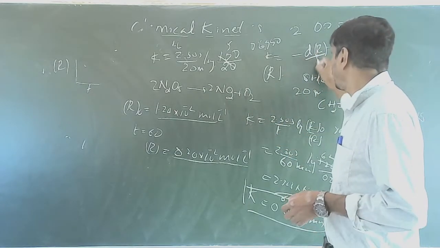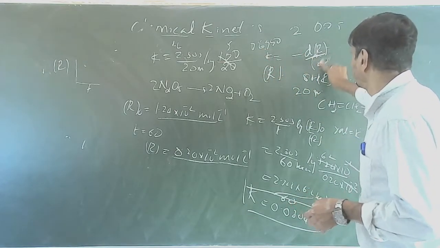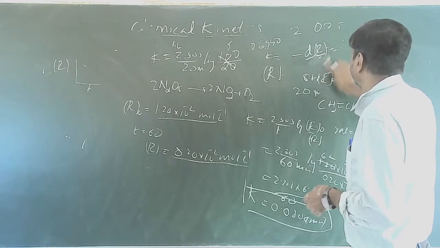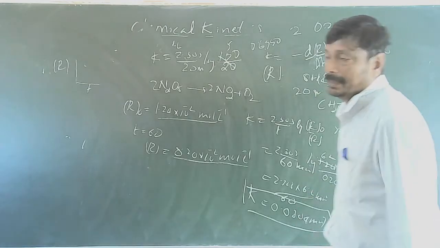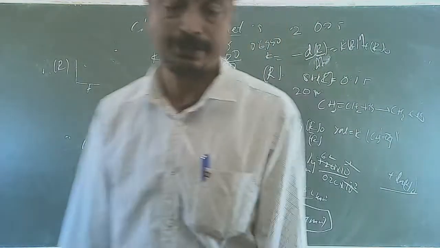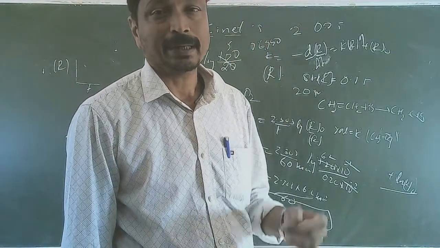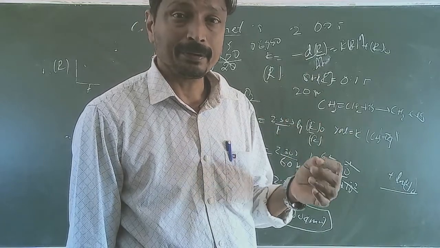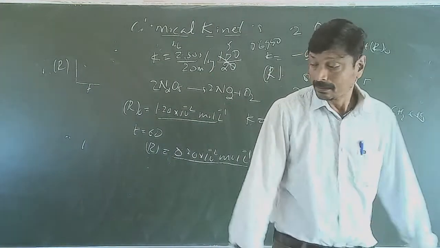Minus d[R] by dt is equal to k into [R] raised to n. Here n is the order. This is the first step. All of you have to try to derive the equation. After that, the problem.